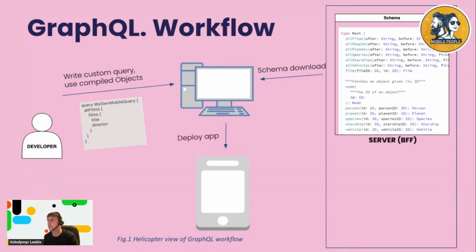Okay, so next step. Obviously, we compile this and deploy our application to a device, and then the magic happens. For instance, when the user makes some action, and you coded that your query needs to be called after the user presses a button, then your client library usually sends an HTTP POST request. So GraphQL actually works over the HTTP protocol. No big magic here.